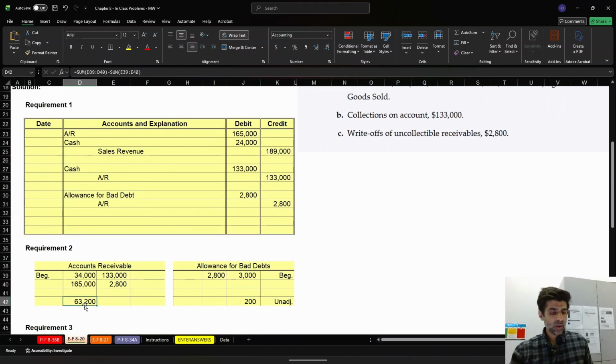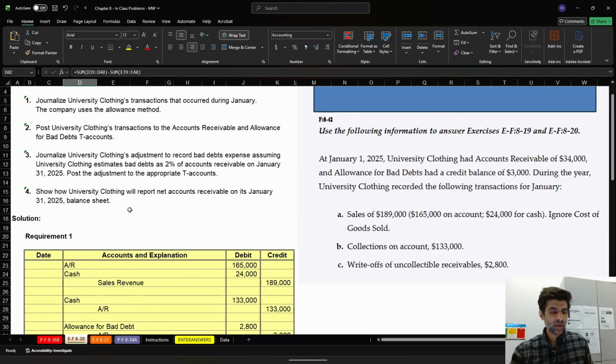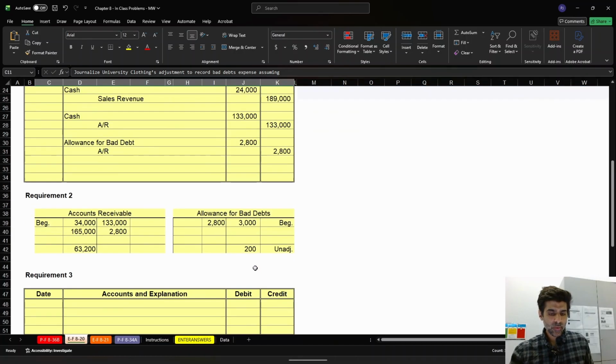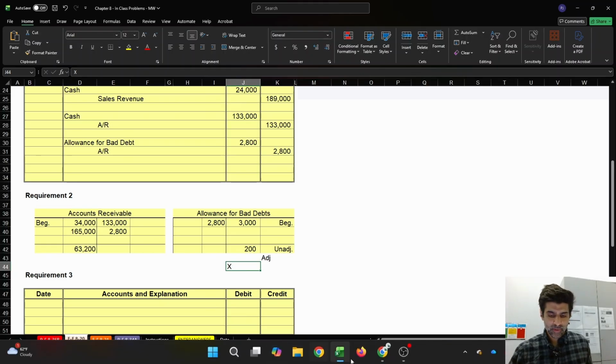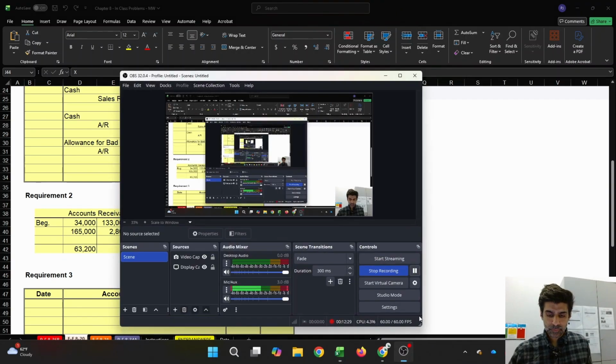So we're going to use this 63,200 with the information in number 3 to figure out what this should be. That's going to be X. Once we have X, we can figure out what our adjustment has to be. On the quiz, we knew what the balance is going to be in the T account, but we needed to figure out what needs to be debited or credited to get to that. So you're going to use what you did on the quiz to finish this.